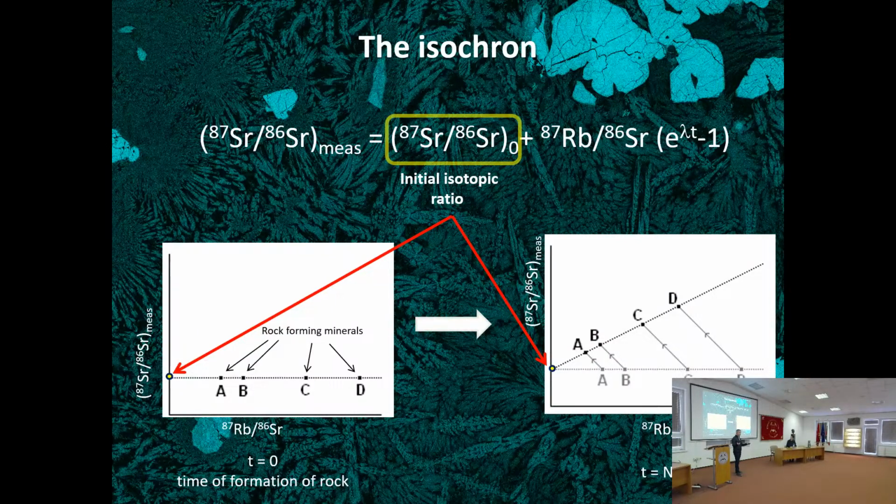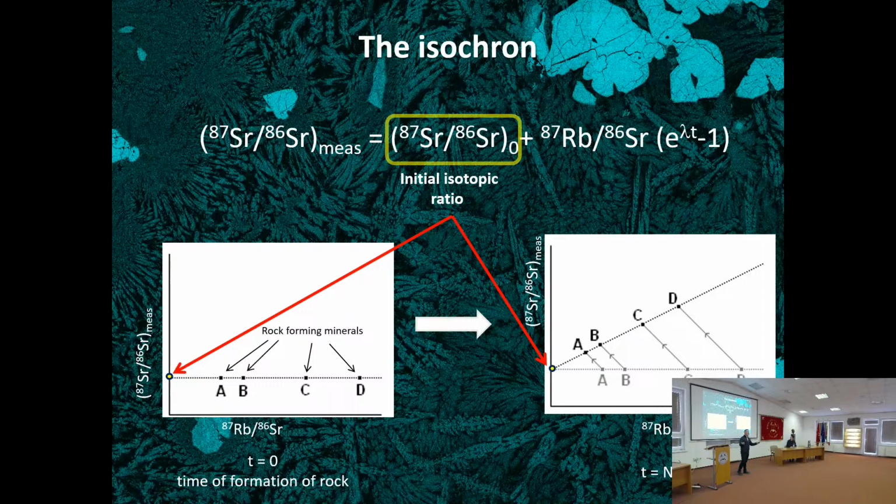Through time, rubidium decays, so the rubidium-strontium ratio changes, as well as the strontium ratio. So we have an evolution of the isotopic composition of the different minerals along parallel lines.